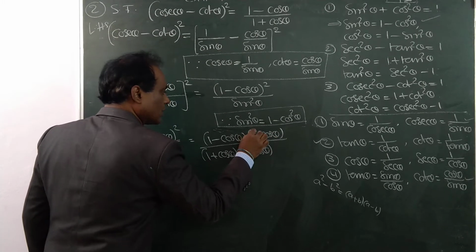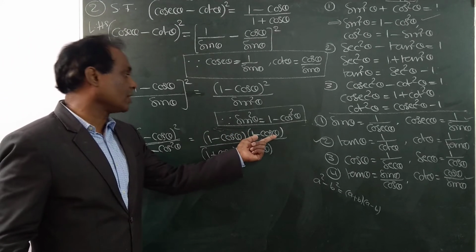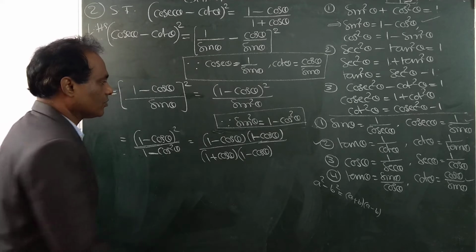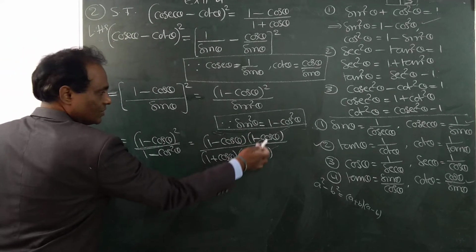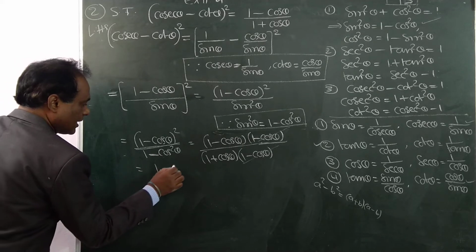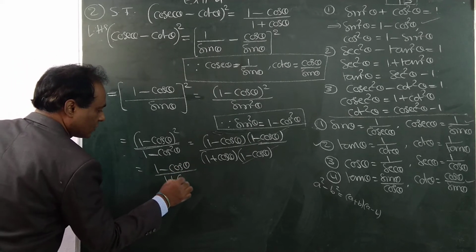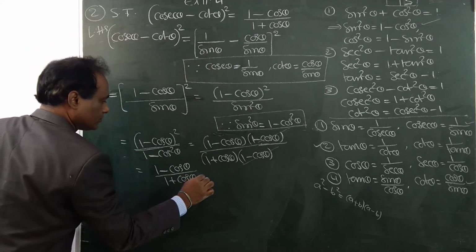One time it cancels. So what is the numerator remaining? 1 minus cos theta. The denominator is 1 plus cos theta, which is the required RHS.